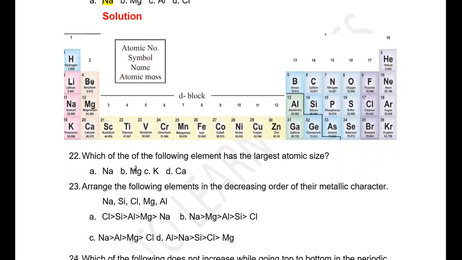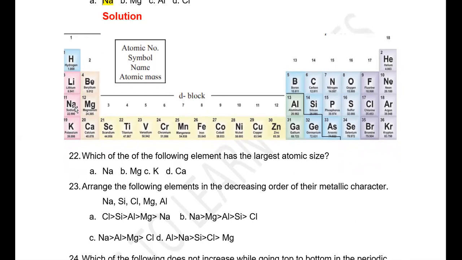Next is, which of the following elements has the largest atomic size? Sodium, magnesium, potassium, calcium. Sodium and magnesium belong to the third period. Potassium and calcium belong to the fourth period. We know as we move from top to bottom, atomic size increases.